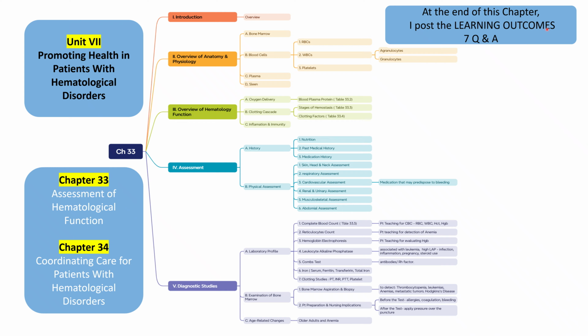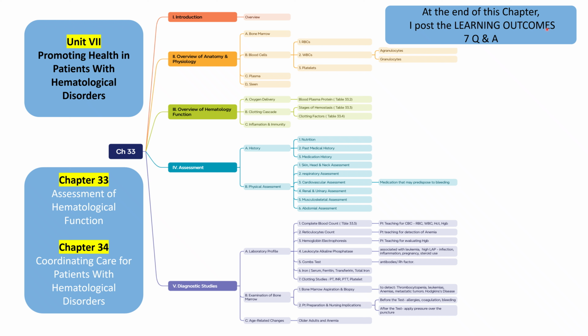So chapter 33 is all about how we evaluate blood function by looking at red blood cells, white blood cells, platelets, and coagulation times. It covers various blood tests and bone marrow biopsies, which are crucial for diagnosing blood disorders, infection, and even some cancers.